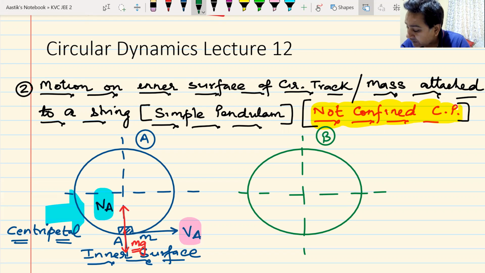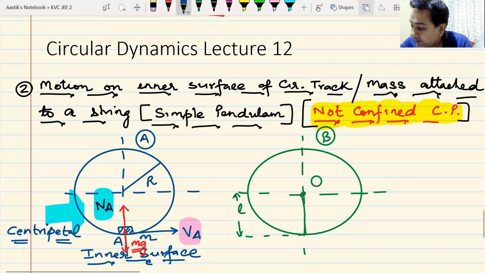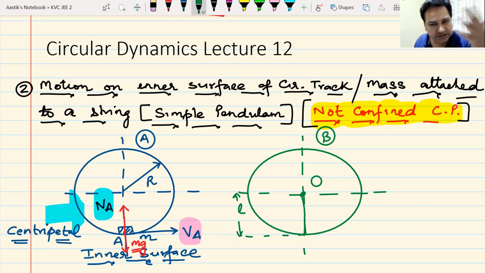Now in diagram number B, I have drawn the center as O, and I have a string of length L. Here in diagram A it was radius R; the radius of this circular track is R. I am not calling it R on the green side because it's a string. So normally we call the length of the string L. Now I have a small bob of mass M attached here.